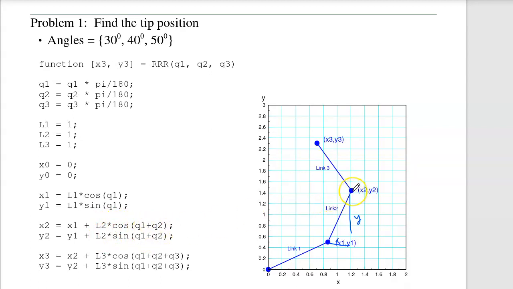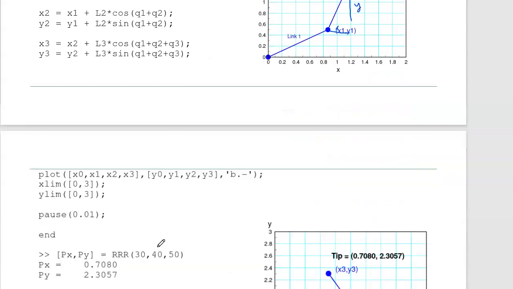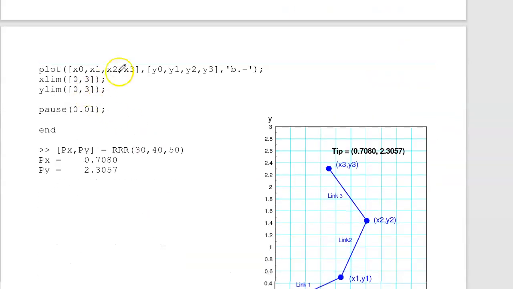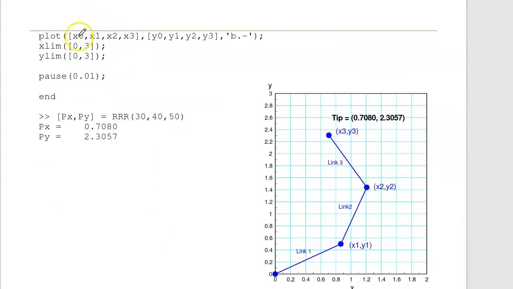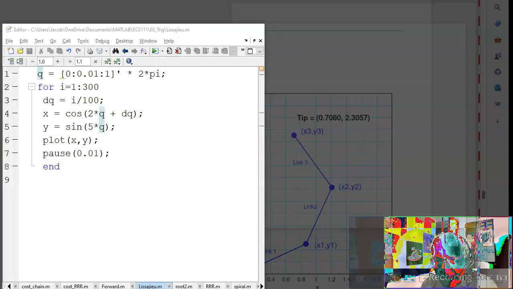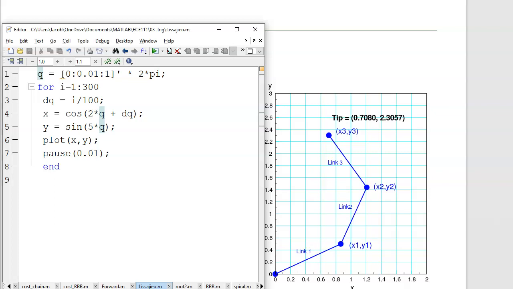The third link is wherever the second link is, plus L cosine theta, L sine theta for x and y. Again, that's the total angle. So once I write that function, I could then plot. Here's where the robot is, the x and y coordinates of each link, drawn as a blue line with a dot. And what that looks like is this.